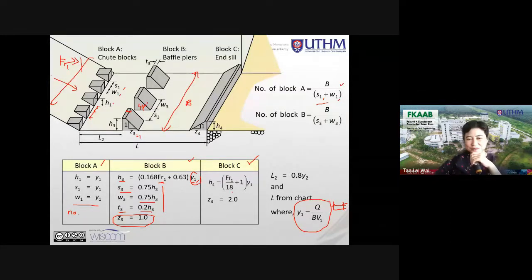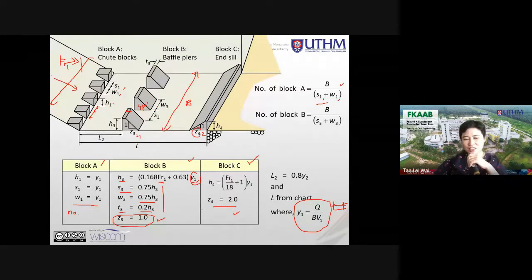Now let's look at block C. Now the Z, which is the slope, is 1 to 2. This is constant as well. It's always 2. So don't worry, some of the answer is provided already, and you won't get this wrong. However, if you want to design it, you need to write this down in your answer.